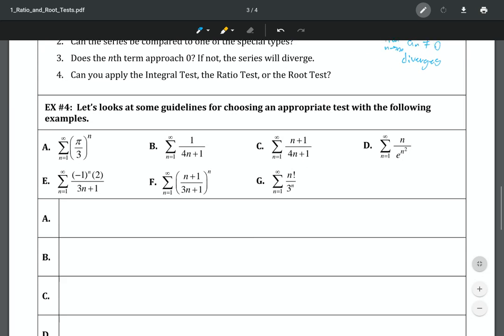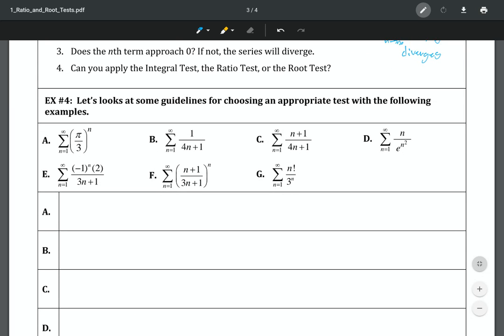Now, on A, for example, anytime I have a constant raised to a power, I automatically think of a geometric series. Now, on a geometric series, I can't think of the formula for it, but it's something like this, I think. Something like that, okay? I think this one's A, though.